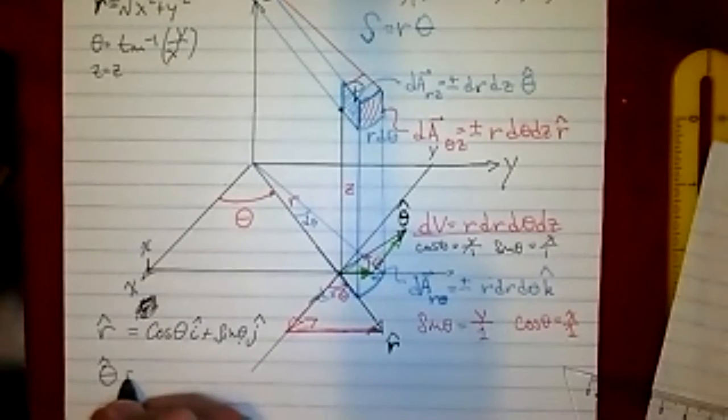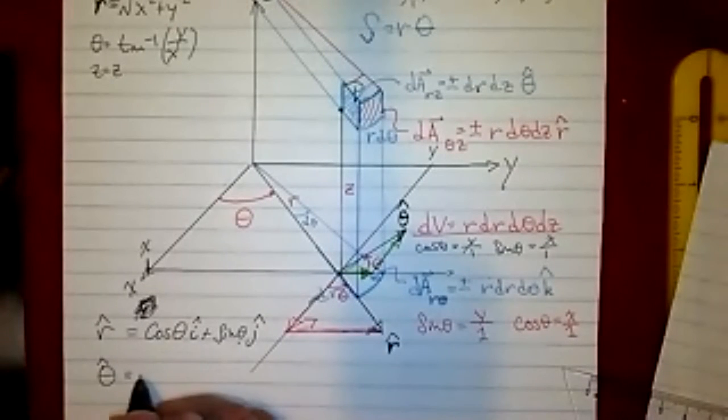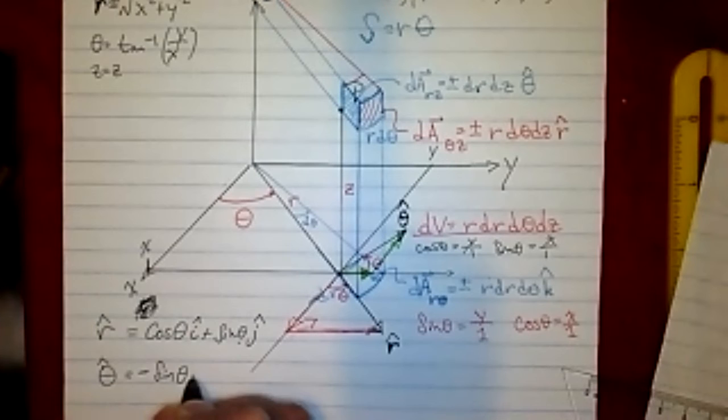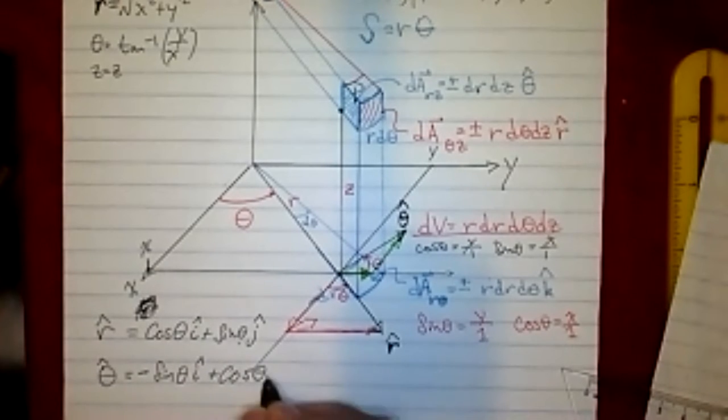So in this case, I'm going to say theta hat is actually equal to negative, because it did point in the negative x hat direction, or in the negative x direction. So it's negative sine theta i hat plus cosine theta j hat.